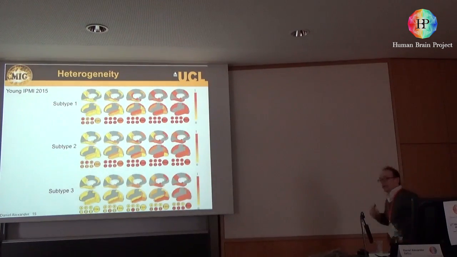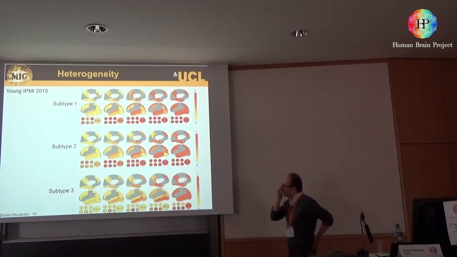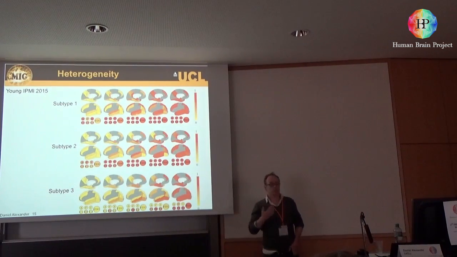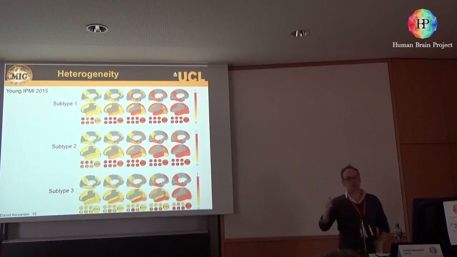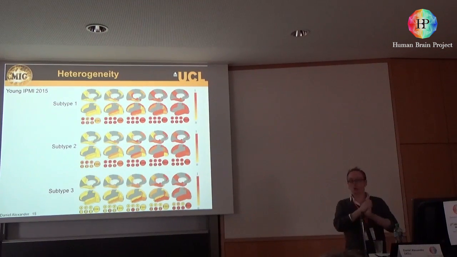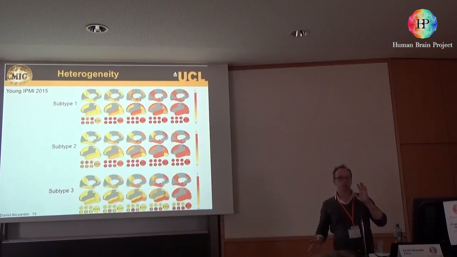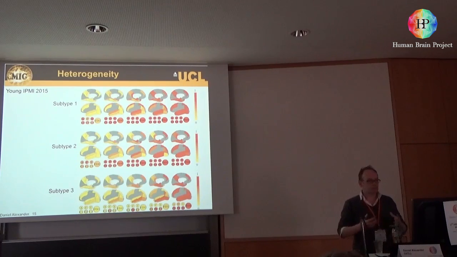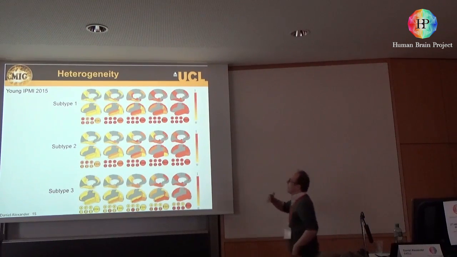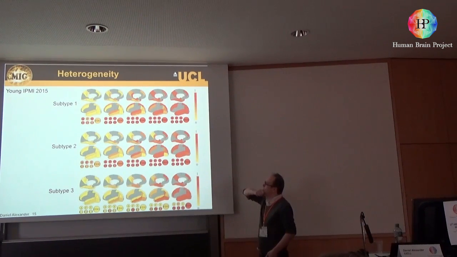So the very latest on this extends the model to capture heterogeneity in the progression sequence. The original model assumed that everybody underwent the same progression. Fairly clearly that's not true. The extended model has just been accepted to the IPMI conference this year.